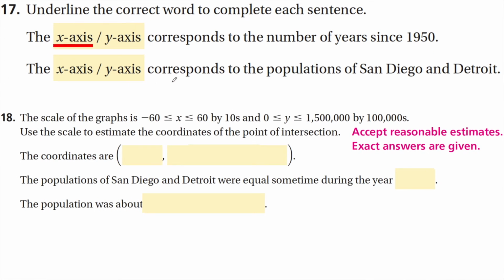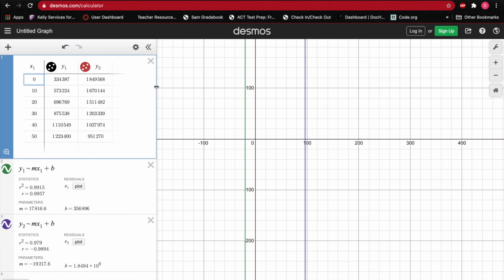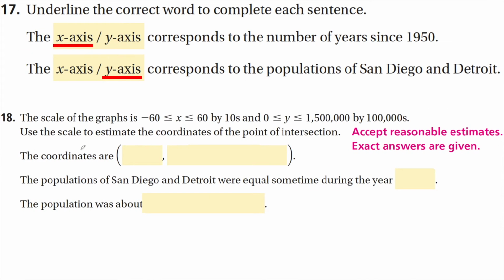The y-axis then corresponds to the populations of San Diego and Detroit, San Diego being y1, Detroit being y2. The scale of the graph is negative 60 to 60 by tens, and 0 to 1,500,000 by hundreds of thousands.